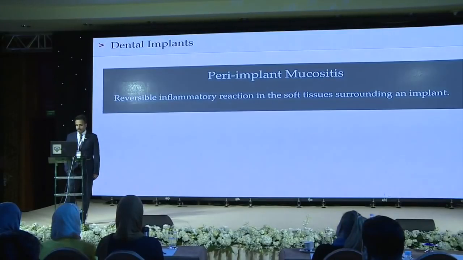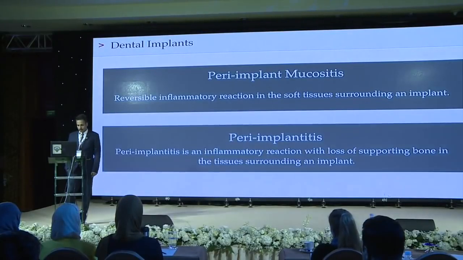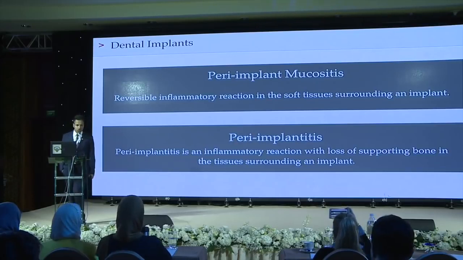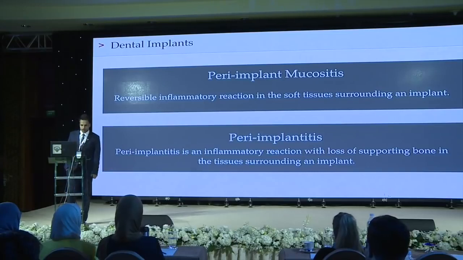So what is periimplantitis? There are two problems periodontally that can happen to an implant. There is mucositis, which is basically bleeding on probing around the implant with no bone loss, just like gingivitis. And there is periimplantitis. And periimplantitis is inflammation of the bone around the implant.